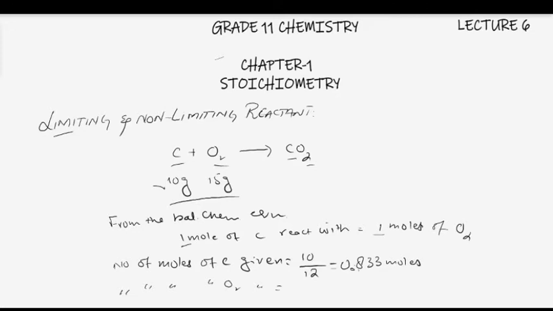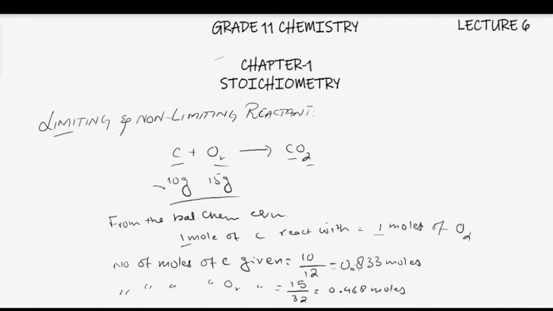So the mass in grams is 15, and you know that the molar mass of oxygen is 32. Now this is equal to 0.468 or 0.47 moles. Now for 1 mole of carbon, we need 1 mole of oxygen.